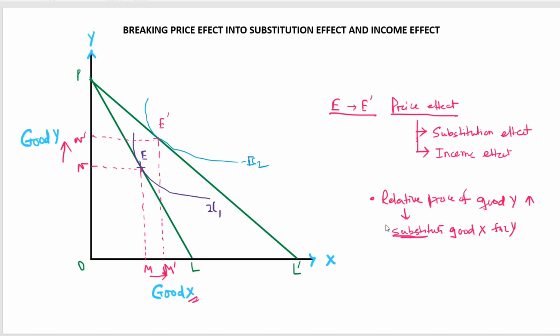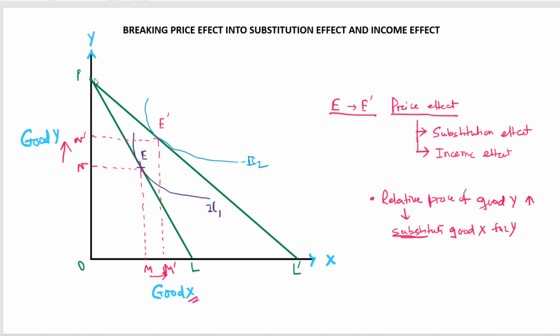So how can we separate this substitution effect and the income effect? The solution is that the real income which has been increased by the reduction of the price of good X will have to be compensated away from the consumer. So what we will do, we will bring the consumer back to the earlier indifference curve.